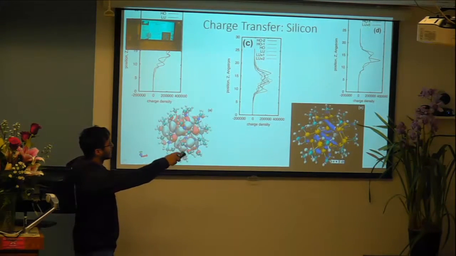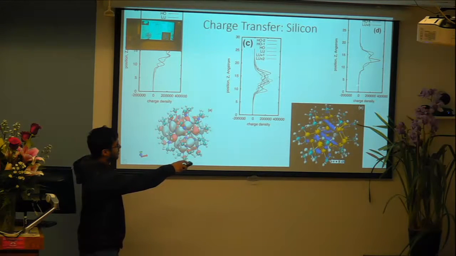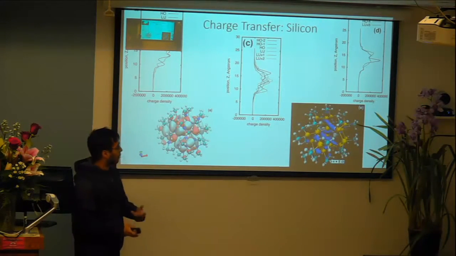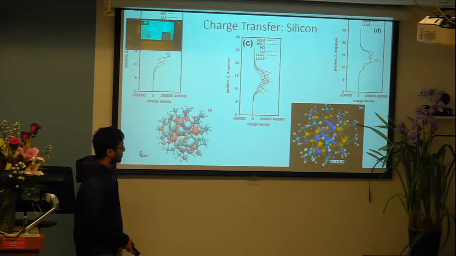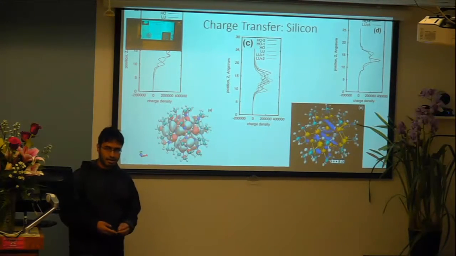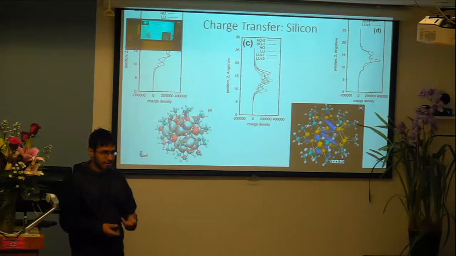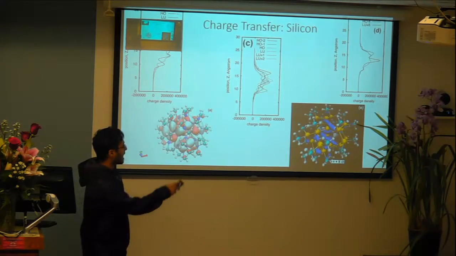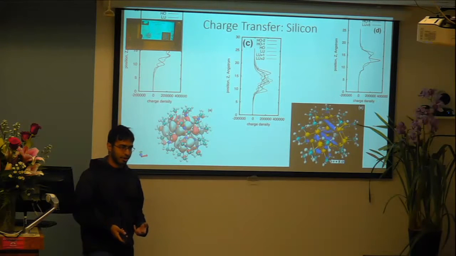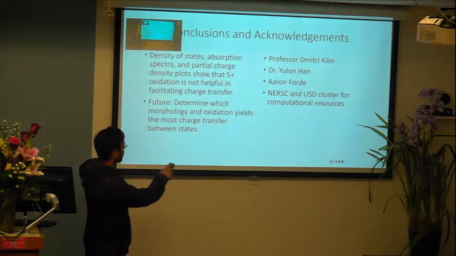And on the right-hand side, we see that there is some charge transfer between HOMO -4 and LUMO +5. However, there still is not too much. So further work could be done in order to characterize different morphologies and different oxidations and determine where the most charge transfer will actually occur, for which models it will occur in.